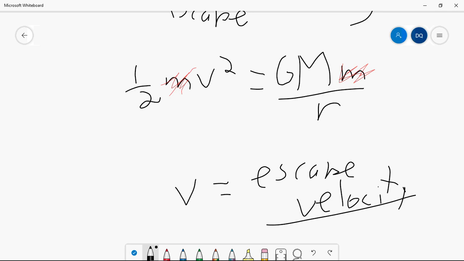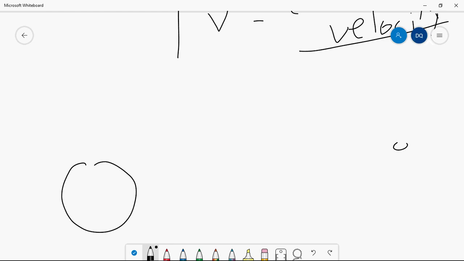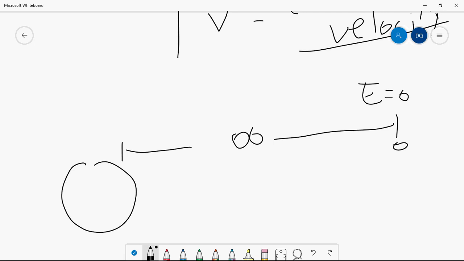The idea here is that you can escape if you are infinitely far away. And in order to be infinitely far away, you would have to have a gravitational potential energy of zero. Anywhere closer, and the total energy is the negative gravitational potential energy plus the positive kinetic energy.